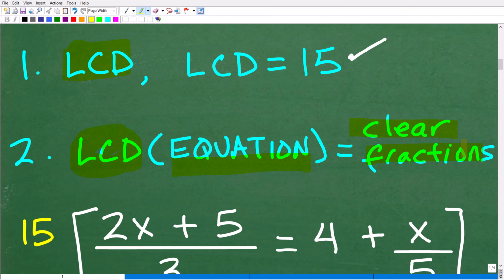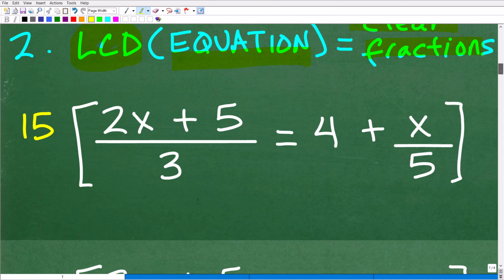You just want to get away from dealing with fractions, so deal with them right up front. Get that LCD and multiply by the entire equation, all the terms on the left and right hand side, and if you did this right, you will have cleared the fractions. So this is my second main step. Let's take a look at that right now.